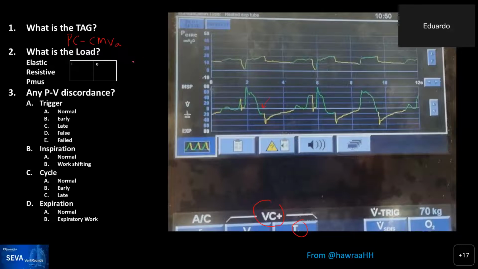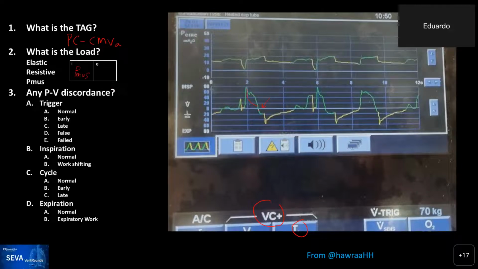So pressure control CMB-A, BC Plus. The load in this patient is a little bit tricky to see. So in inspiration, you don't see any flow at the beginning, and then in this one you see all Pmus. Instead of seeing the nice decay, you see a lot of effort. So what you're seeing during inspiration is the presence of Pmus, so you cannot see the load.